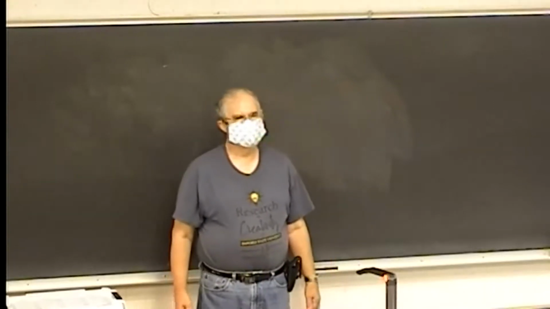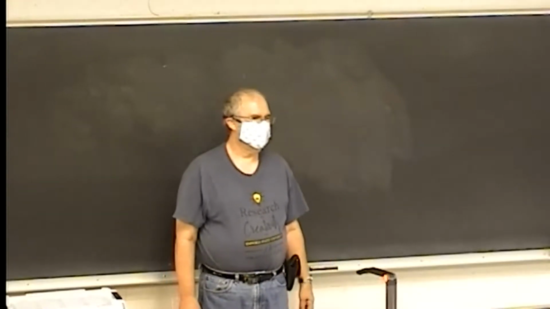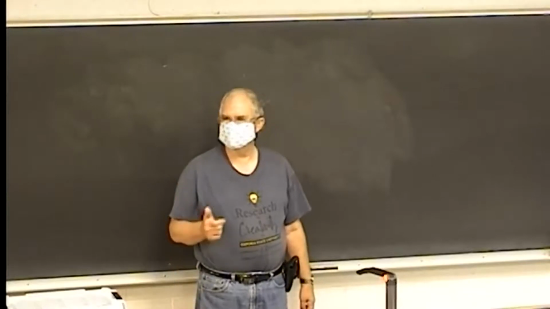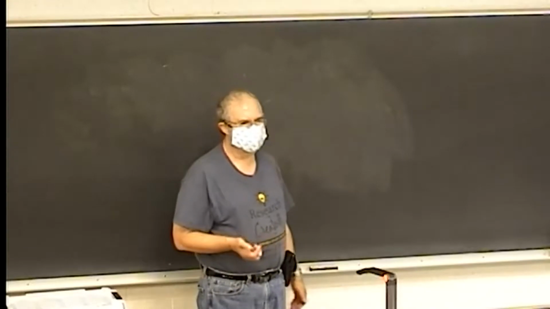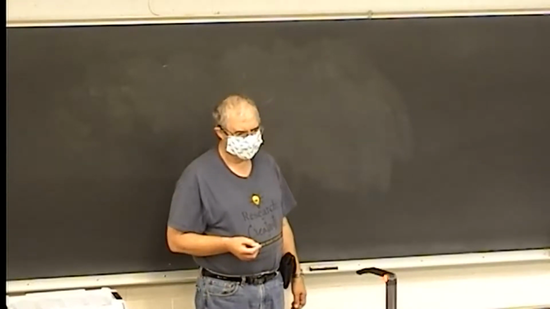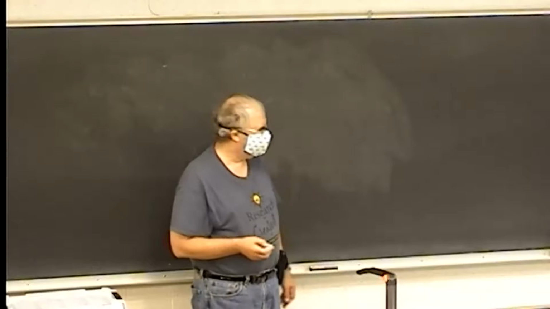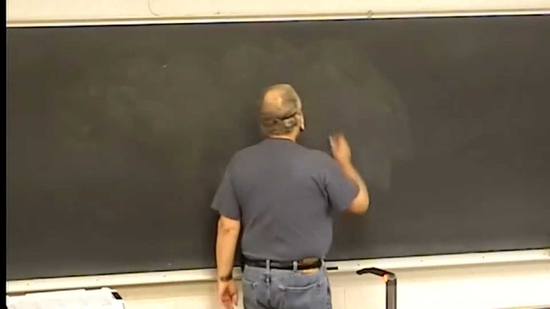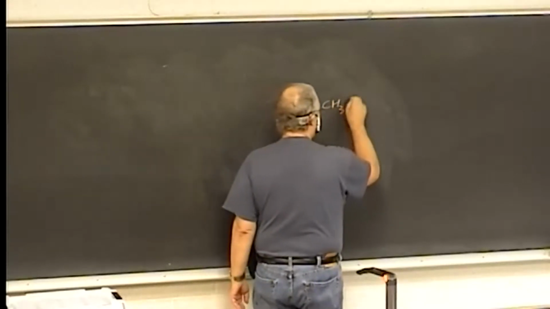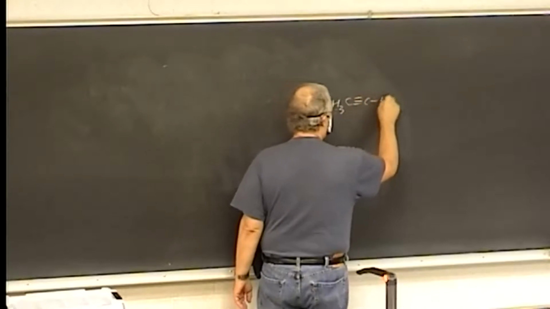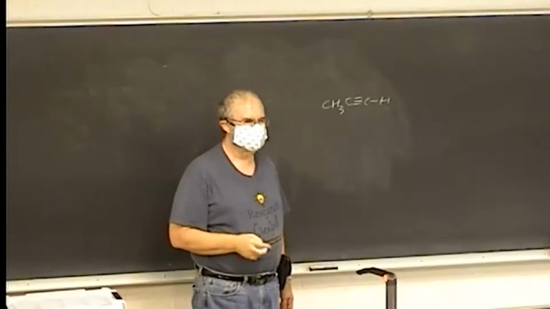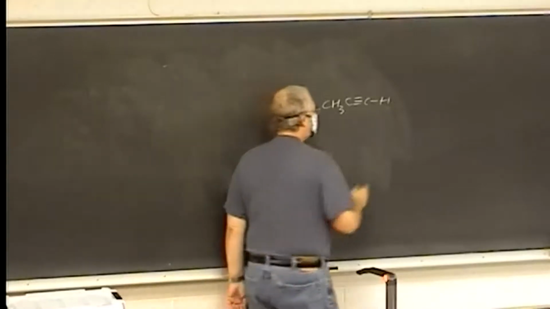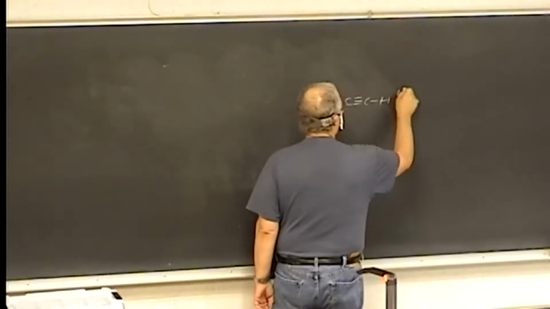Reactions of alkynes are similar. Mostly addition. We can add HCl or HBr to an alkyne. If it's a terminal alkyne, then Markovnikov's rule is observed. HBr.